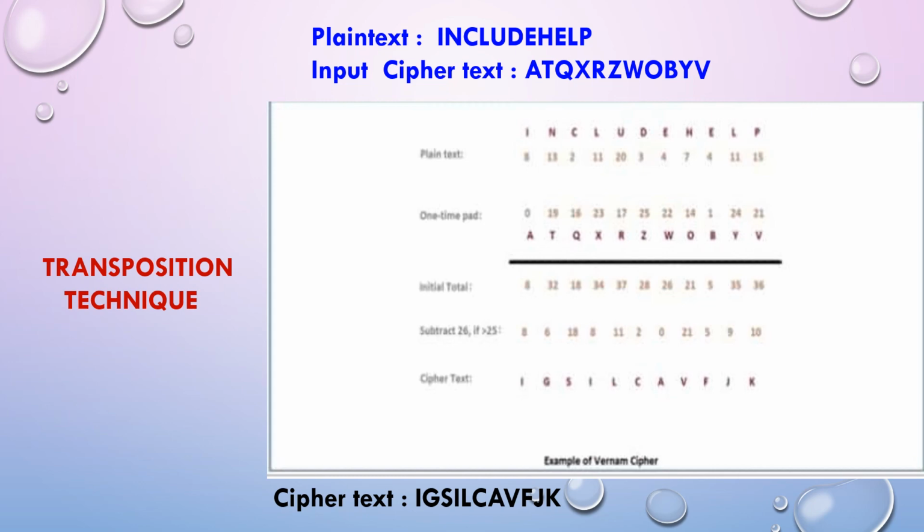Our message is INCLUDEHELP, and the input ciphertext is ATQXRZWOBYV.